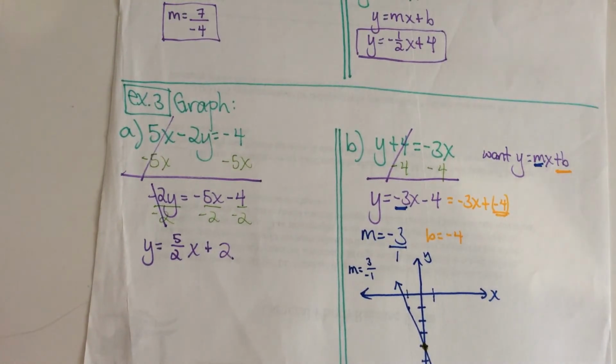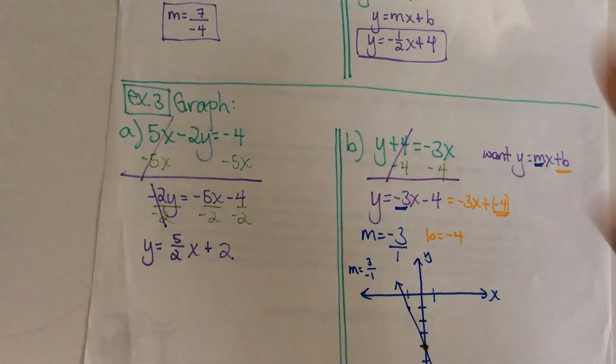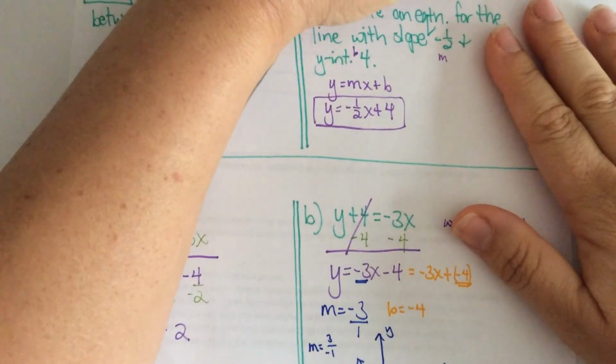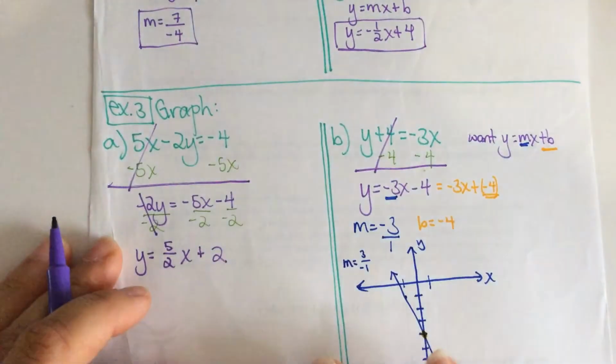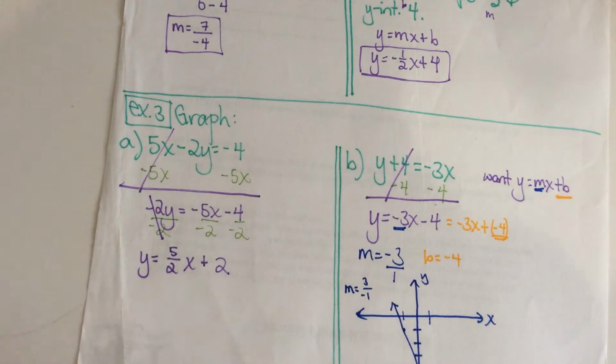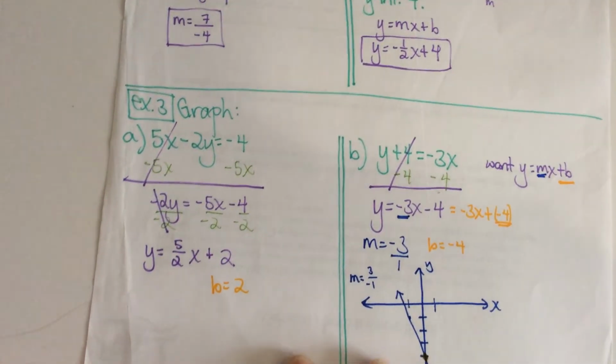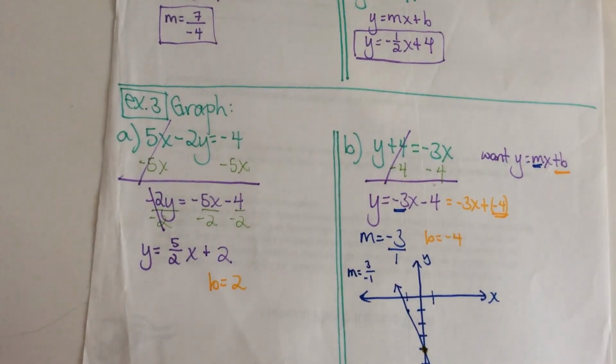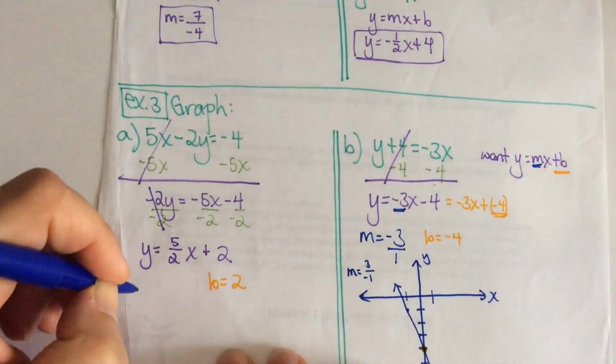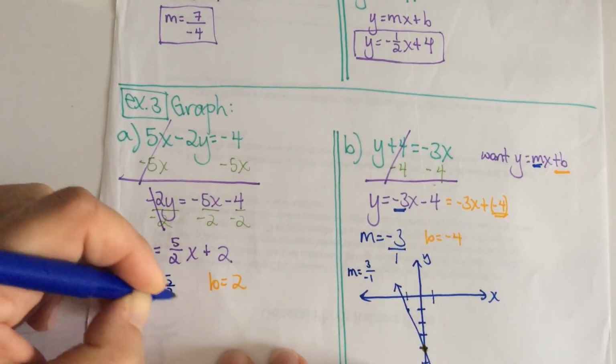Okay, so I want you to tell me what the y-intercept is on this. Okay, so hopefully you got that the y-intercept is 2. And then pause me for a sec and write down the slope, just real quick. Okay, so the slope is 5 over 2.